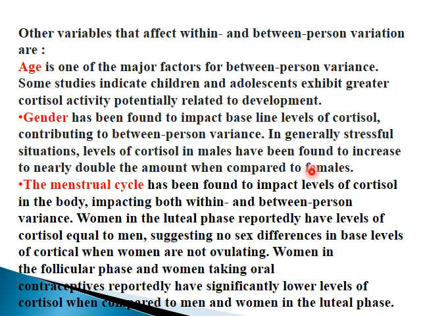The menstrual cycle has been found to impact level of cortisol in the body, impacting both within and between person variance. Women in the luteal phase reportedly have a level of cortisol equal to men, suggesting no sex differences in base level of cortisol when women are not ovulating.